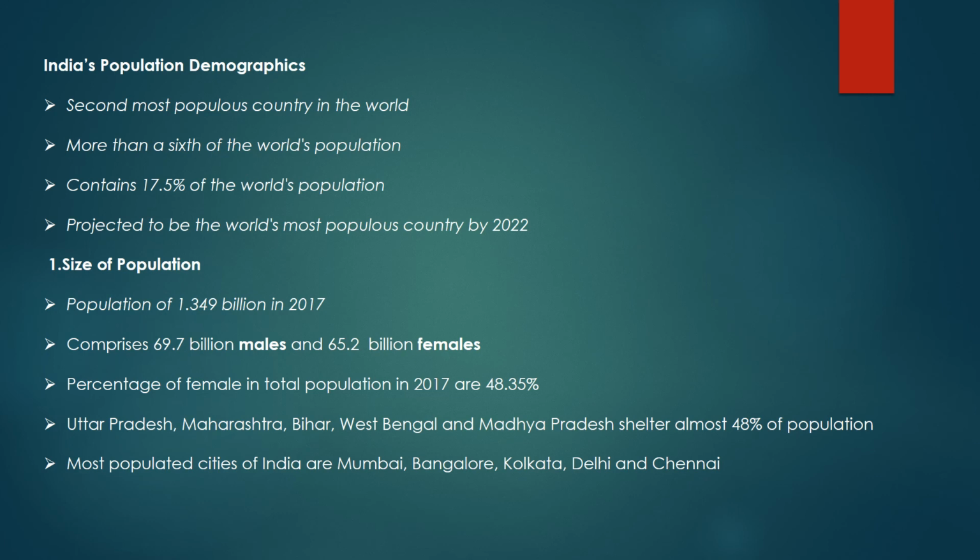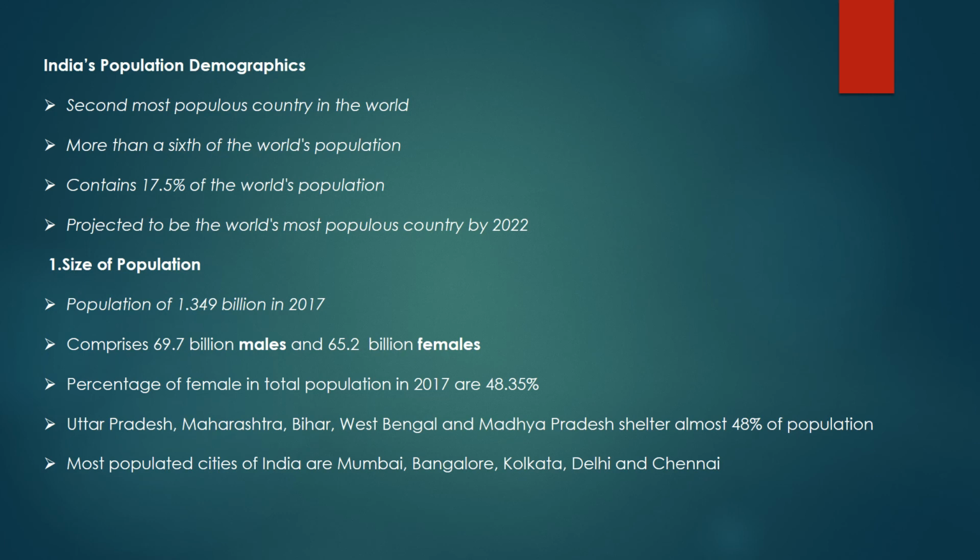One in every six people in the world is an Indian. India is home to 17% of the world population, but it has only 2.4% of the world's land area. It is projected to be the most populous country of the world, surpassing China in 2020.